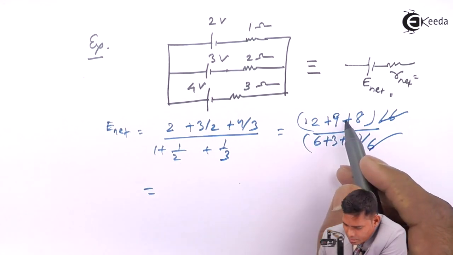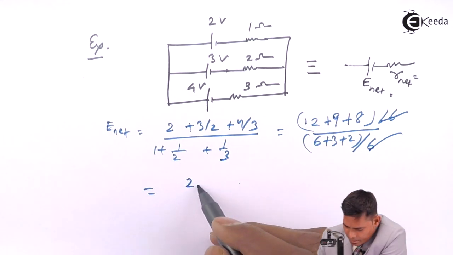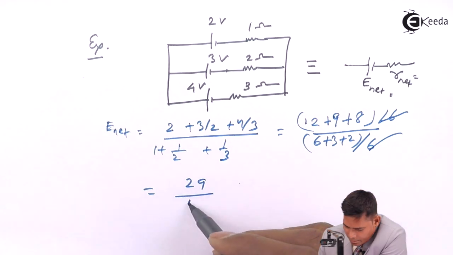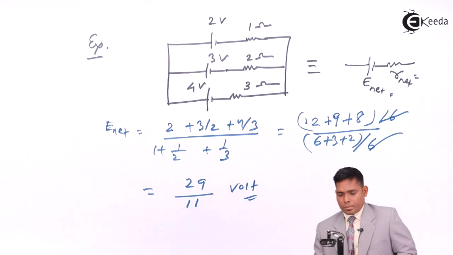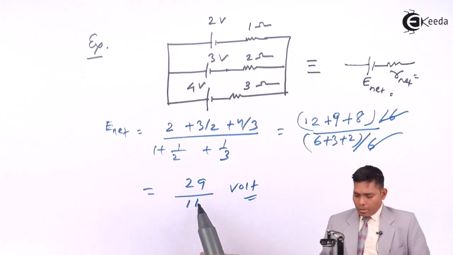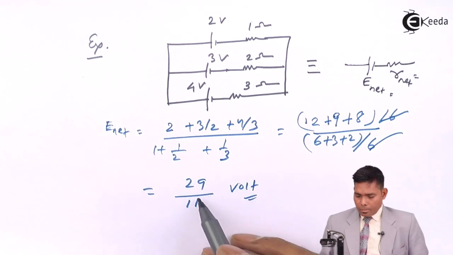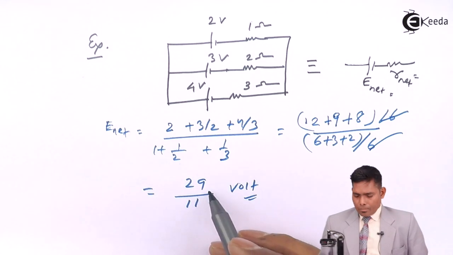This is 29 divided by 11. This is the net EMF, so that comes out to be nearly 3, or a little less than 3.